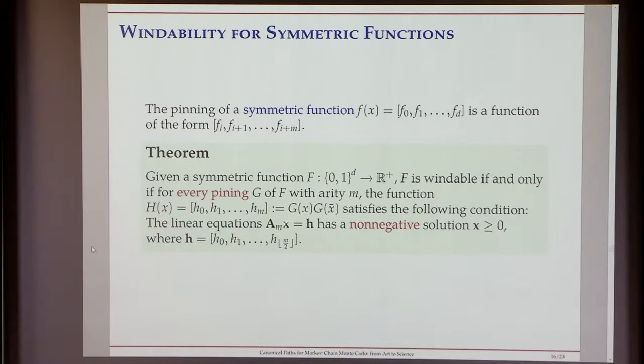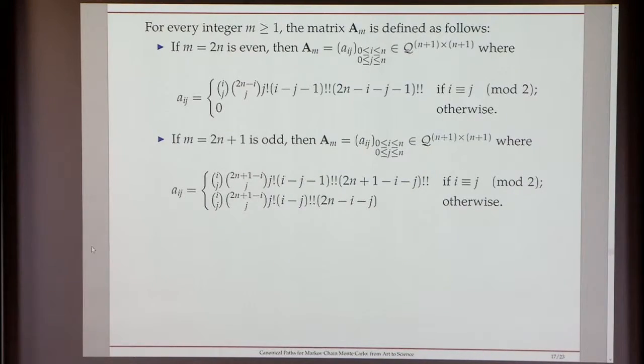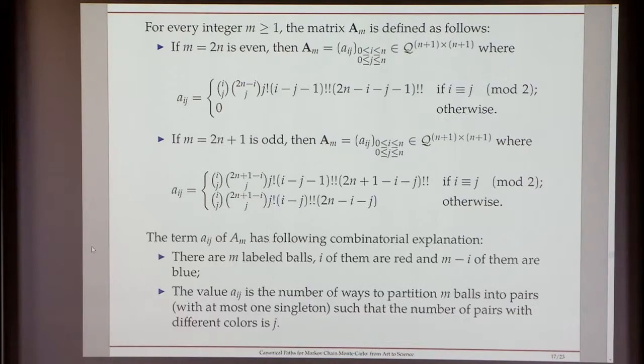And the matrix A is defined as follows. In fact, what does this mean? Consider the entry A_ij of the matrix A_m. It has the following combinatorial interpretation. Consider we have m labeled balls, which means each ball is different, and i of these m balls are red, and m minus i of these balls are blue.